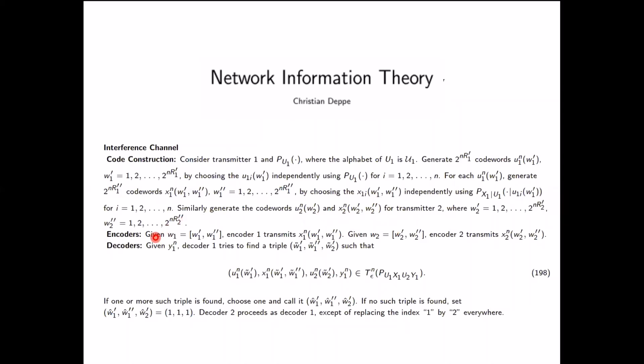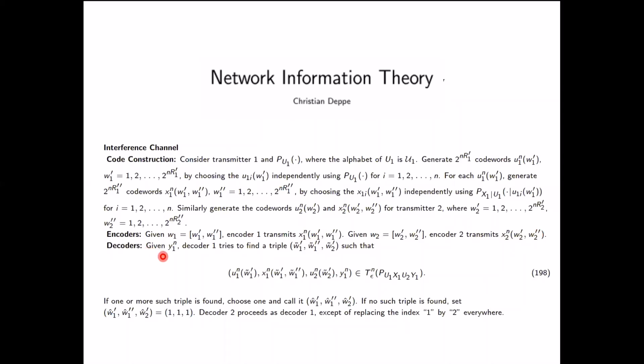And now the encoder, when he is given W1, which consists of W1' and W12', he transmits X1^n of W1' and W12'. The same is done by the second encoder. Given W2, he transmits X2^n of W2' and W22'.